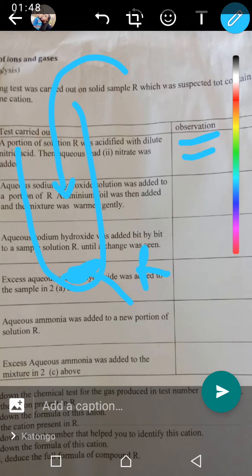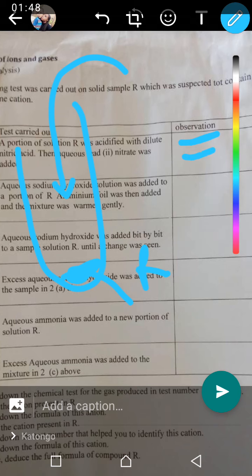Same thing again when you go to question 2. Have you seen question 2? There it is again. They're saying aqueous sodium hydroxide was added to a portion of R, then aluminum foil was added, and the mixture was warmed. So it means this is a test tube. What are you adding in this test tube?